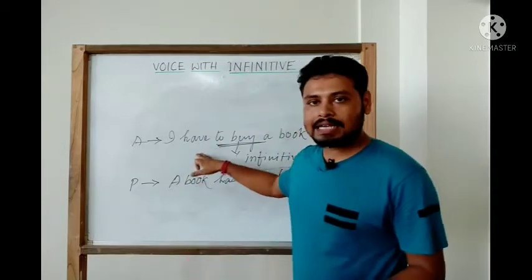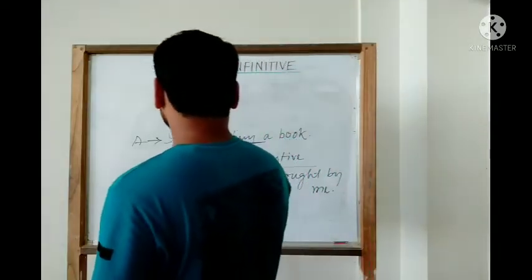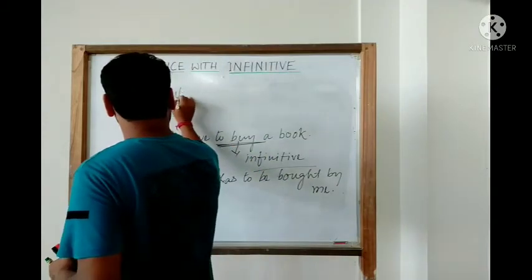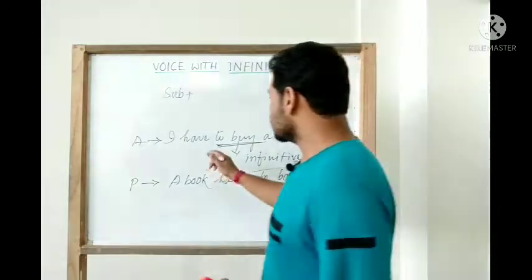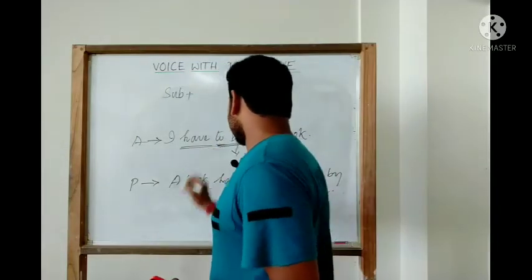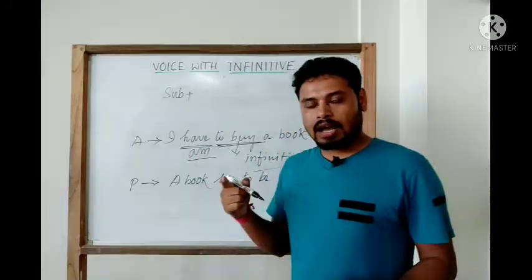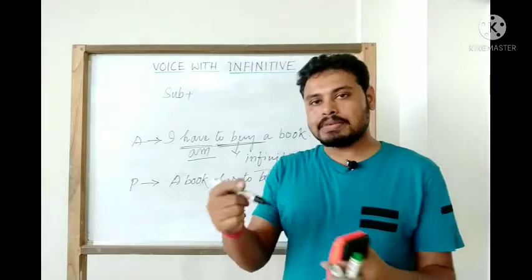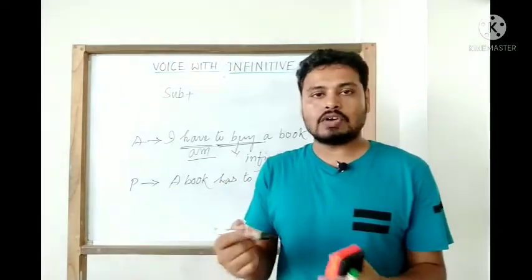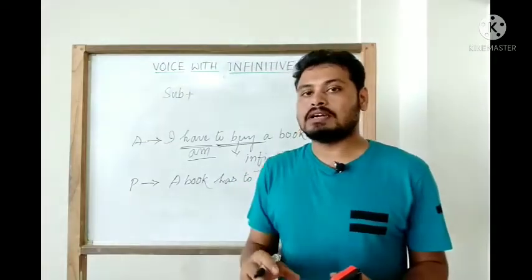If you see the active sentence, it has the structure that is I, meaning subject, plus have. So here in this particular place, I can also write I am to. That means either I can use a be verb, am is are, as per the requirement of the subject, or have has as per the requirement of the subject.